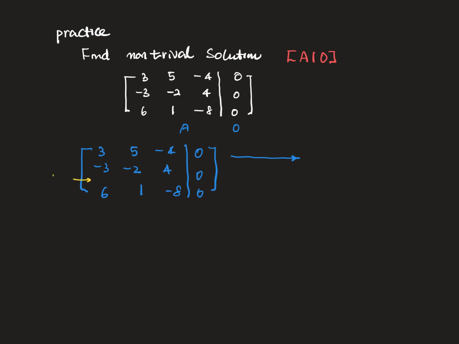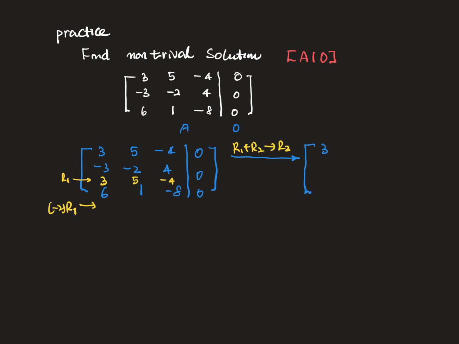Okay, so I'm going to write down R1. Just R1 you need, right? 3, 5, negative 4. What did you do? R1 plus R2 going to R2. That's what you have to do first.